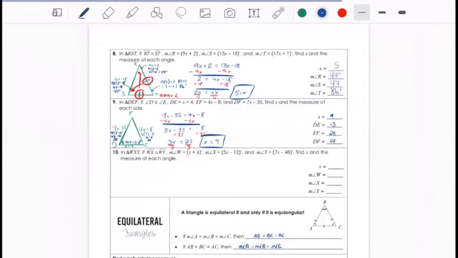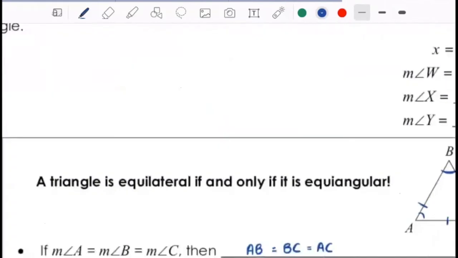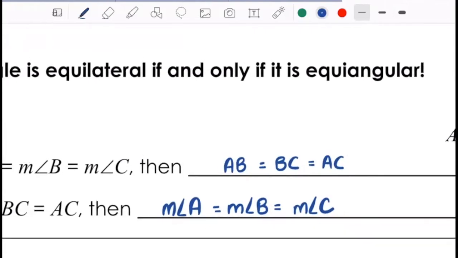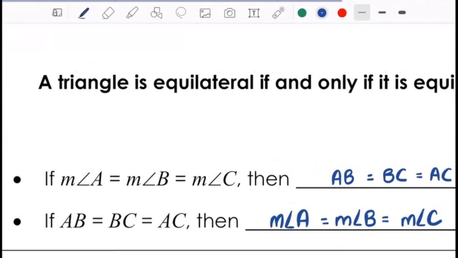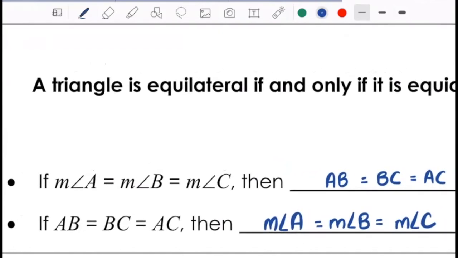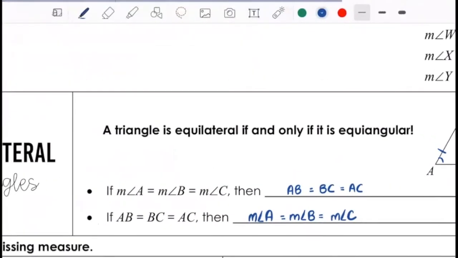All right, so that covers our isosceles triangles, but now let's take a peek at equilateral. So remember, it's equilateral if and only if it is equiangular. So if my angles are all congruent, my sides must all be equal. And if my sides are all equal, then my angles are all equal.